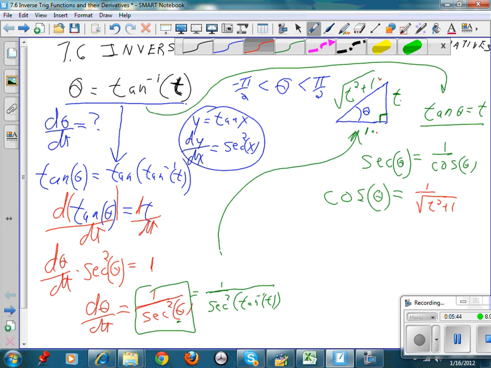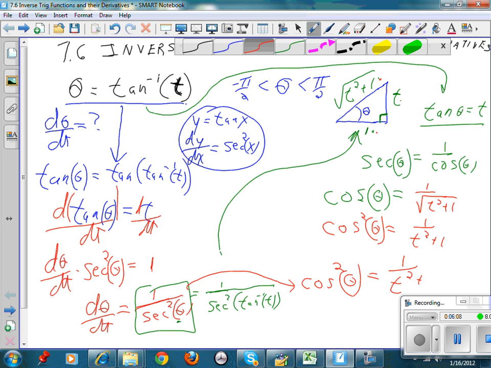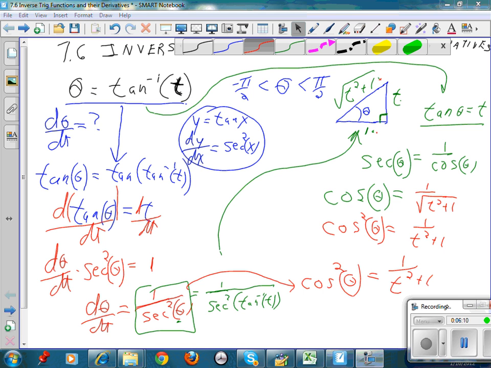The cosine squared of theta is going to be equal to 1 over t squared plus 1. Well, notice that the cosine squared of theta is equal to 1 over t squared plus 1.